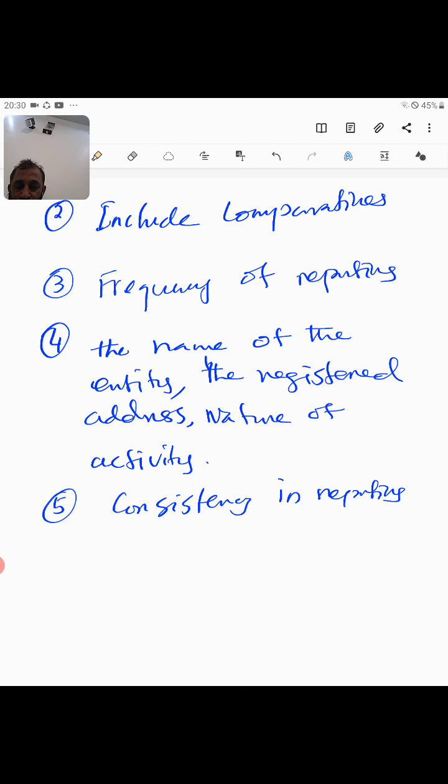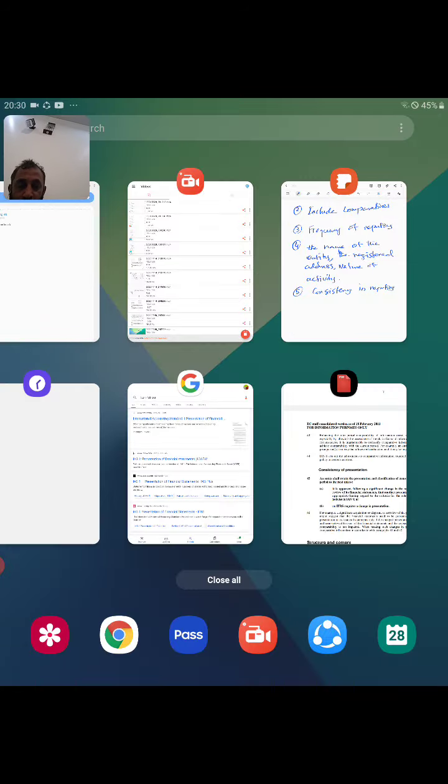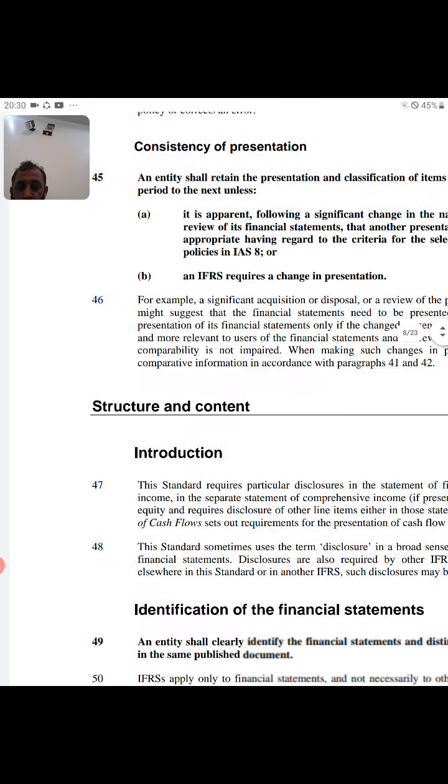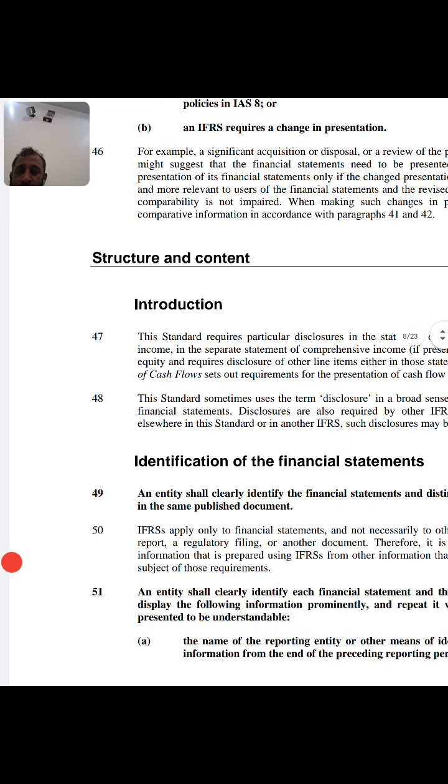And then, what else is important? The other thing is about the structure.